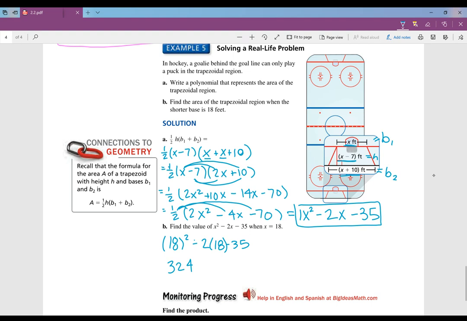And then 2 times 18 is -36 minus 35. Which, if you type that into your calculator, you'll get 253. So that would be your answer for the area when x equals 18 feet.